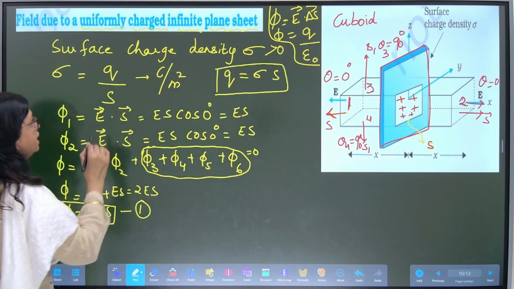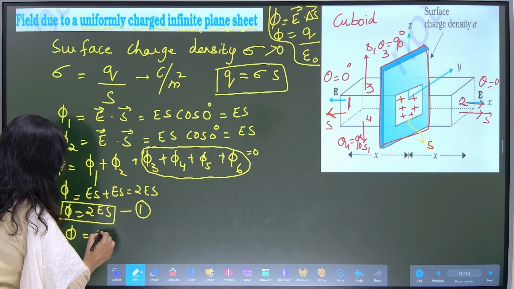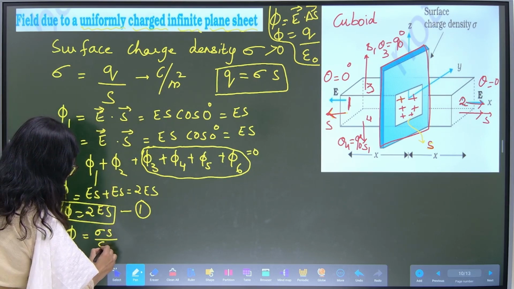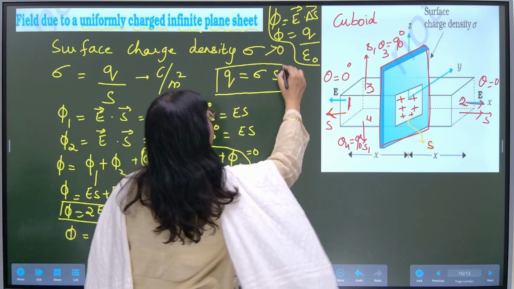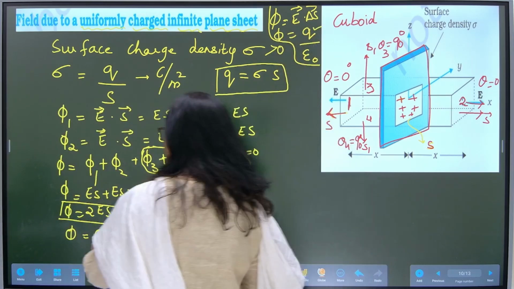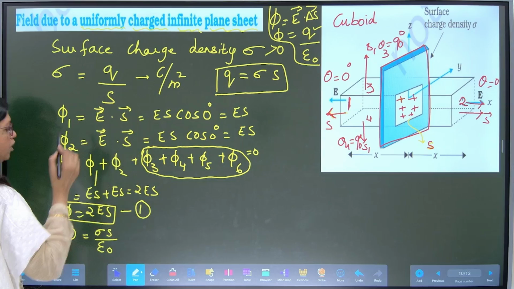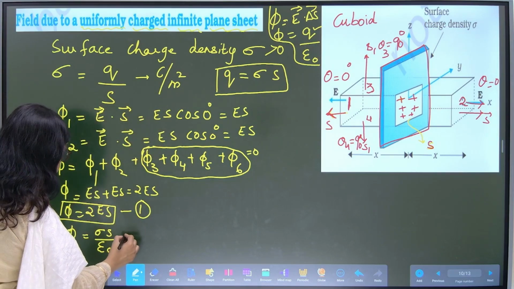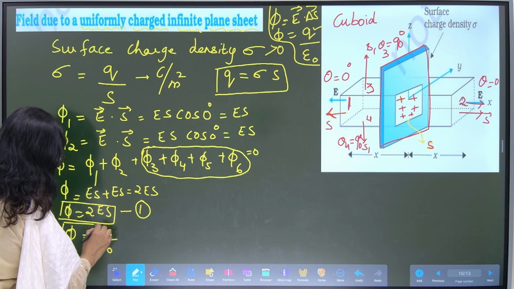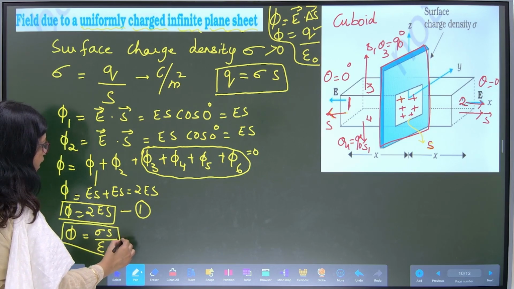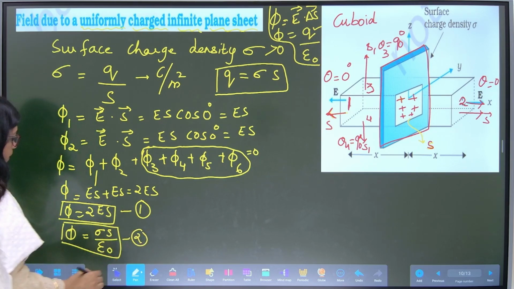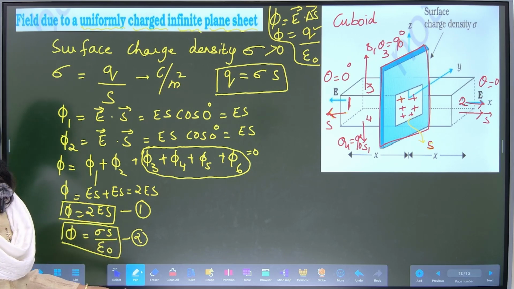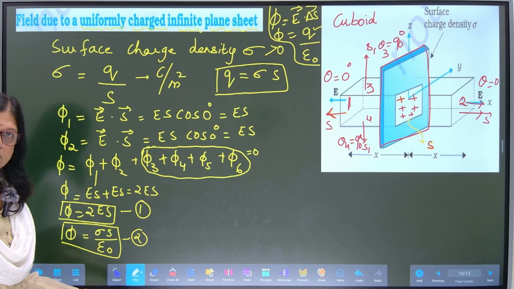With surface charge density sigma, Q is equal to sigma S, and divided by epsilon naught, which is the formula. I picked sigma S from here. So now this is my formula number 2. Both are flux, whether I find it by definition or by Gauss's law.